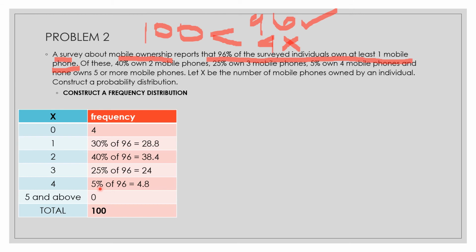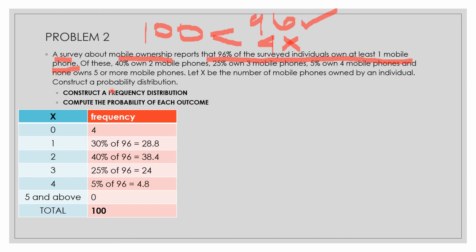Ibig sabihin, may kulang pa na 30% ng 96. So, yun yung pupunta sa ating 1. Okay? So, we have here for those who own one mobile phone, 30% of 96, that is equal to 28.8. Doon galing yung ating mga frequency, for a total of 100 surveyed individuals.